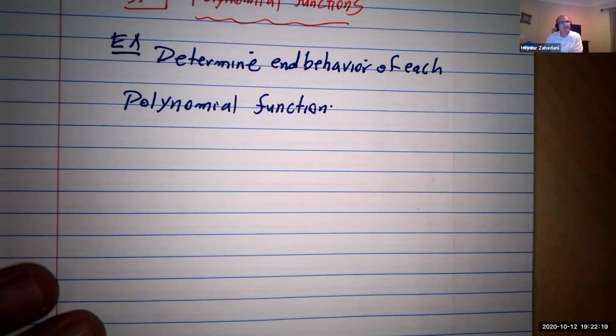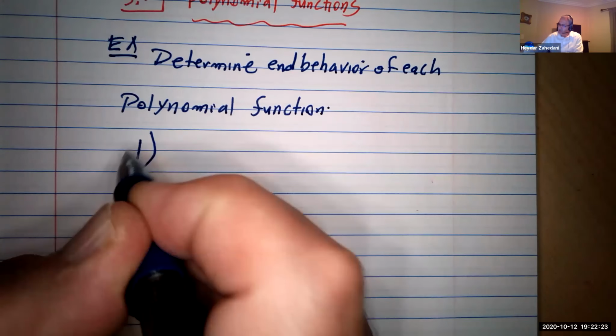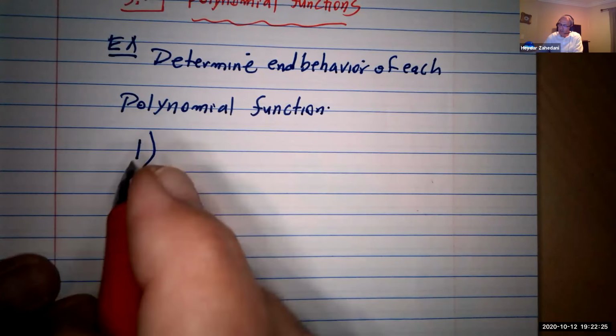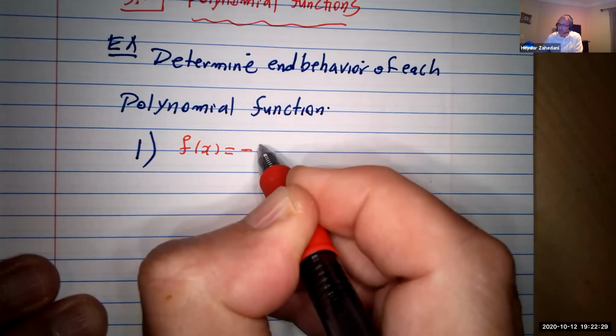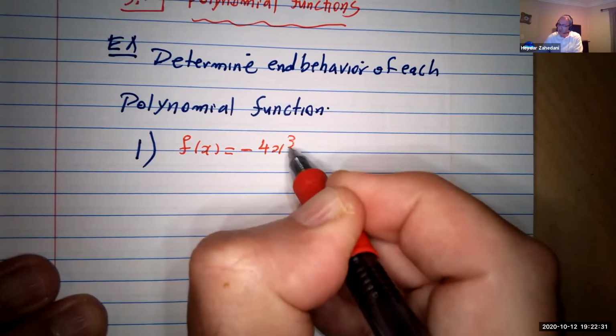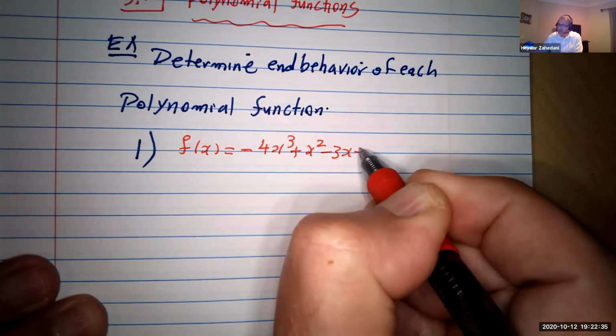The first one is going to be a standard one. So type 1 is going to be something like f of x equal to negative 4x cubed plus x squared minus 3x plus 1.